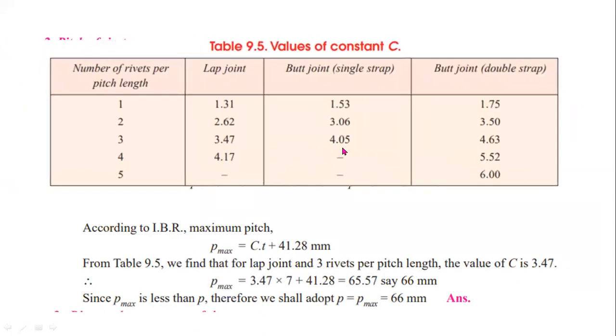From this table, you have to select a suitable constant C. Our given problem is a triple riveted lap joint, so C equals 3.47. T equals 7 mm, plus 41.28, gives maximum pitch P equals 66 mm.